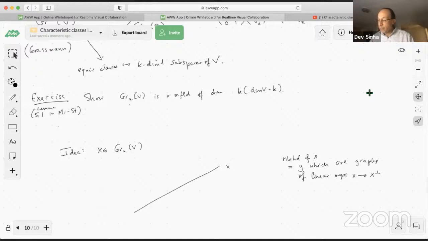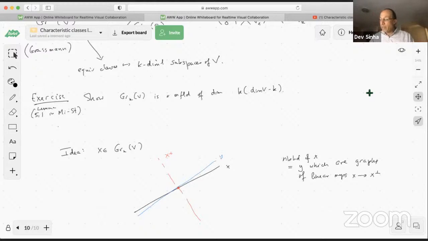So the point is that here's X, and X perp going through the origin, and that we get a neighborhood at least nearby. In fact, it's pretty big, this neighborhood. Basically, if you just intersect X perp in a single point, which is a lot, then this neighborhood will work.